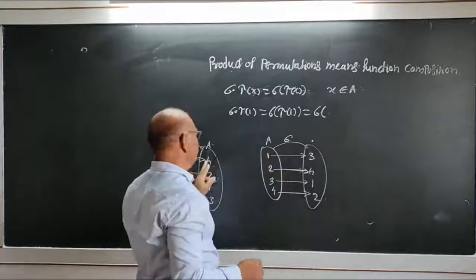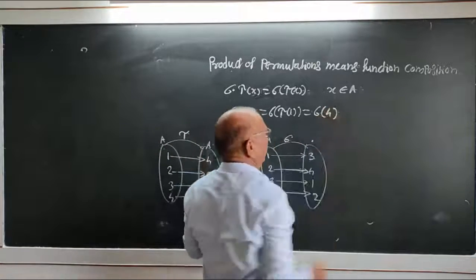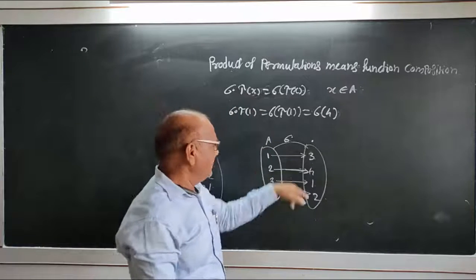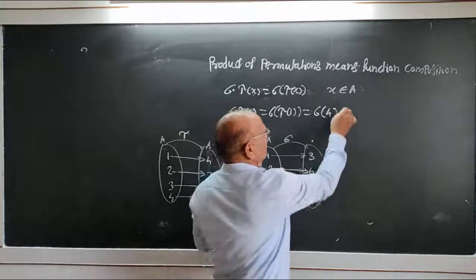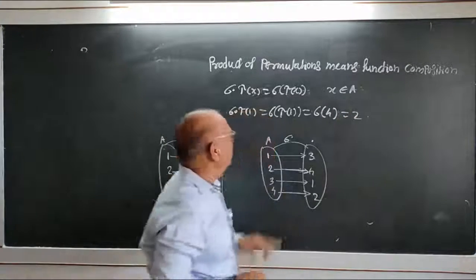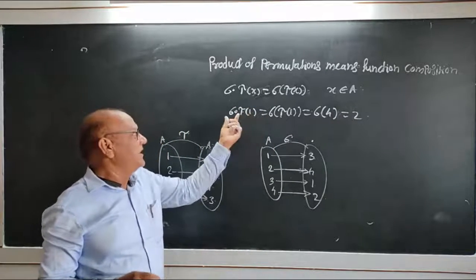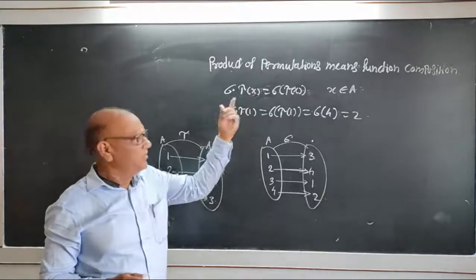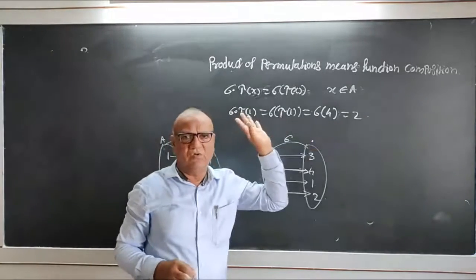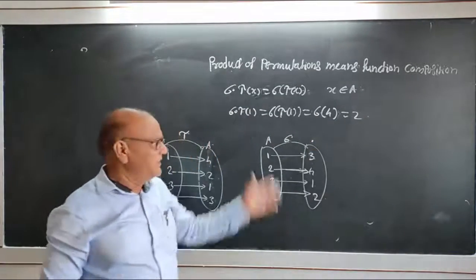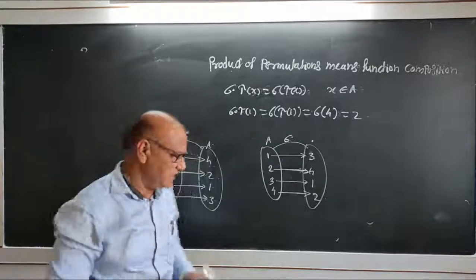Tau of 1 is 4, and the image of 4 under sigma is 2. That means the image of 1 under sigma tau is 2. This is the product.